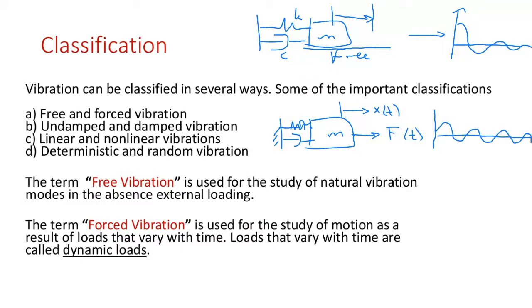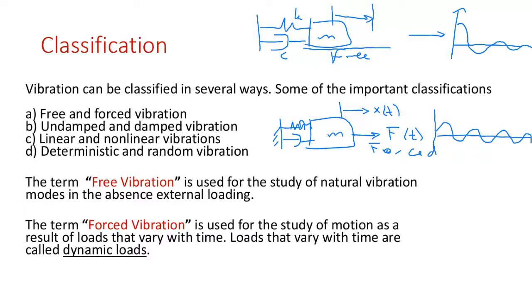This will be forced vibration. That is one classification, and we will be studying both of these. Forced vibrations are more important because we are adding energy to the system in the case of forced vibrations.